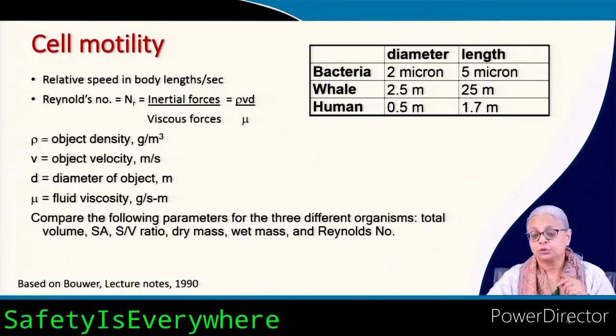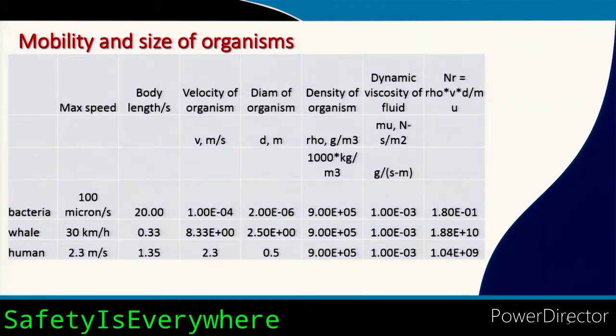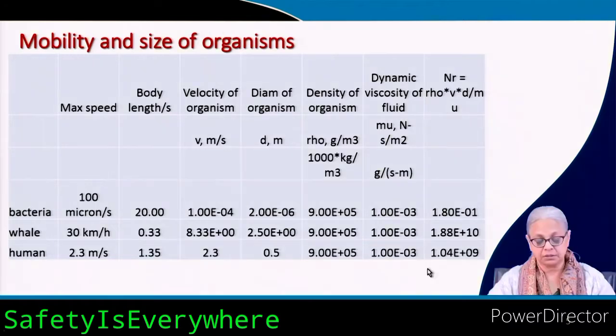I can calculate this based on these dimensions, as well as assuming the viscosity. I have assumed a viscosity of 10 to the power minus 3 Newton second per meter square, which has been converted, and we have a maximum speed. Let us say the maximum speed of bacteria is 100 microns per second.